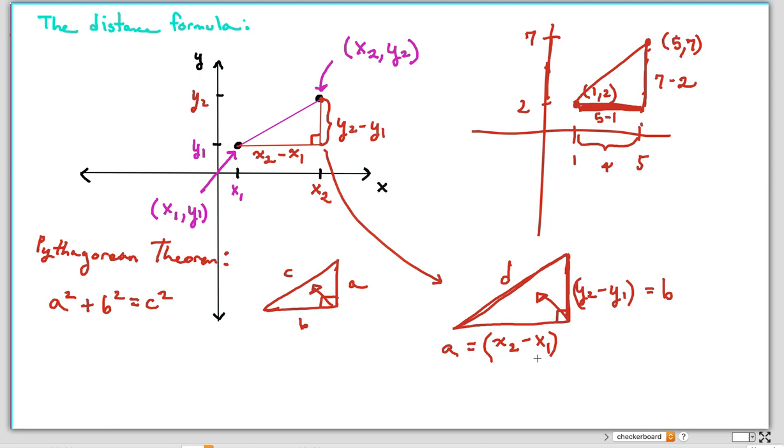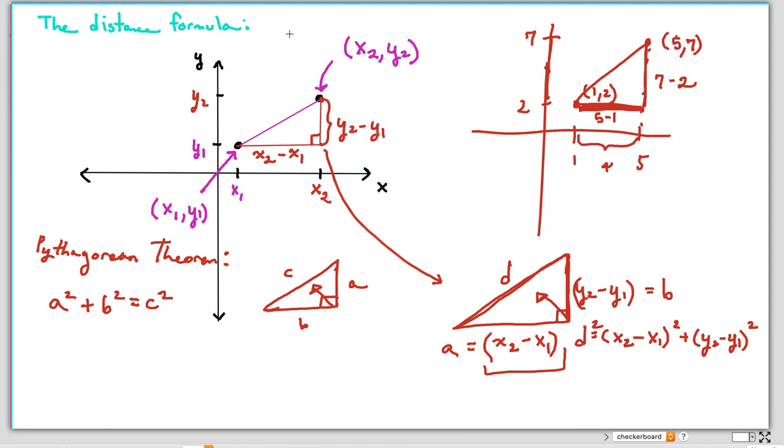I just wrote A and B to illustrate, because what that means is that x2 minus x1 squared plus y2 minus y1 squared is going to equal the distance squared.